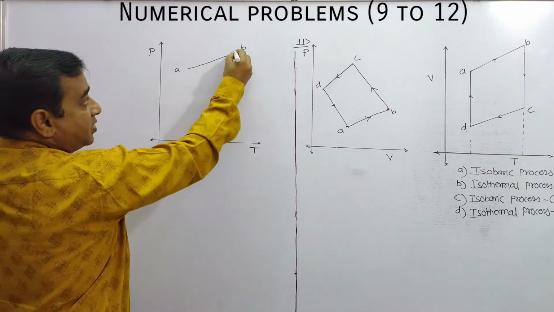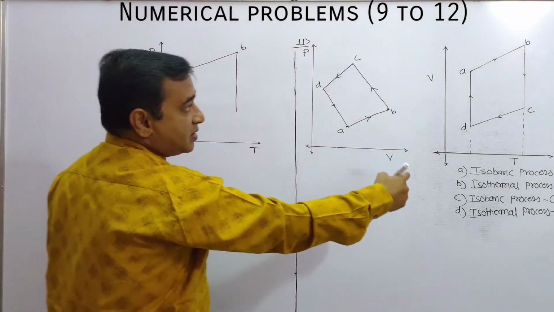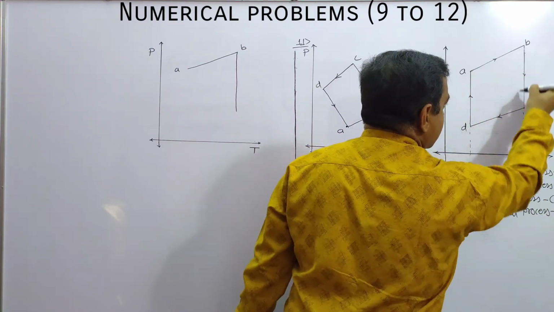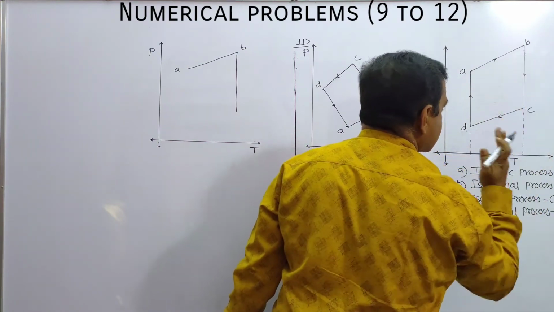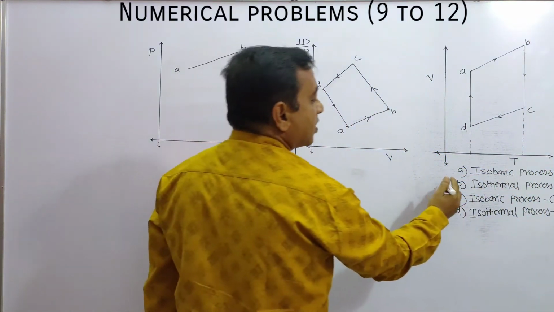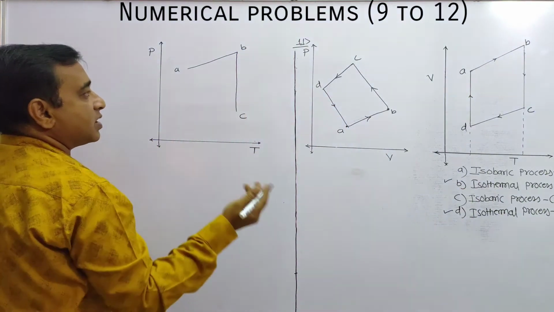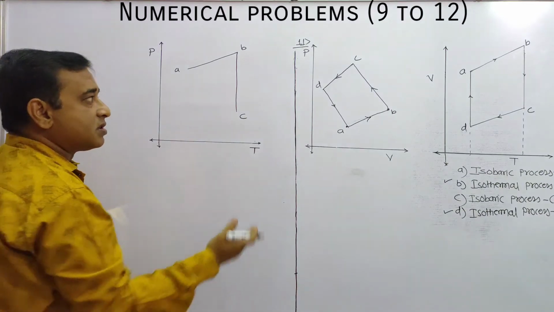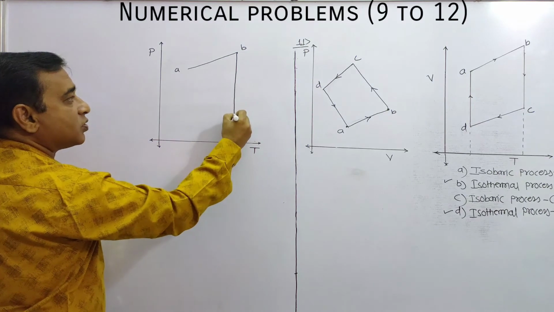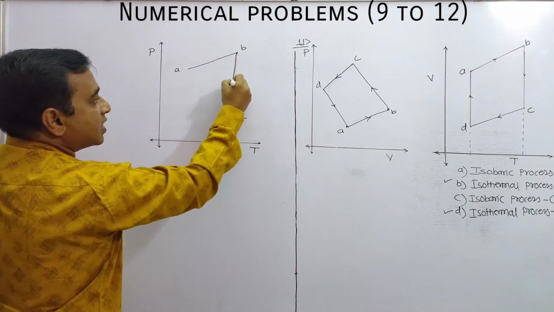There is a slight increase in temperature, then the temperature remains constant. Which process is this? Isothermal. So B to C is the isothermal process where the temperature is constant. I will show it slightly curved, but here I consider it a straight line.